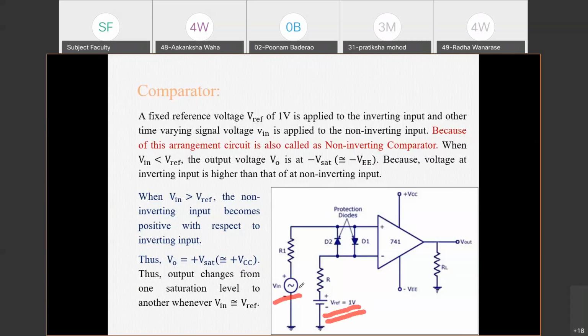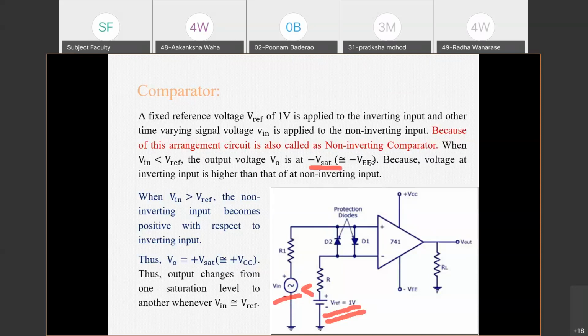Okay, so which is the input in your circuit? V in. Now every time we will compare these two values. What will happen when V in, that is the voltage at the non-inverting terminal, is less than V reference? The output voltage V0 is at minus Vsat.